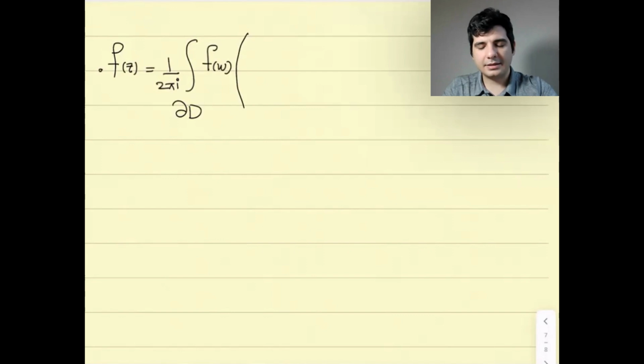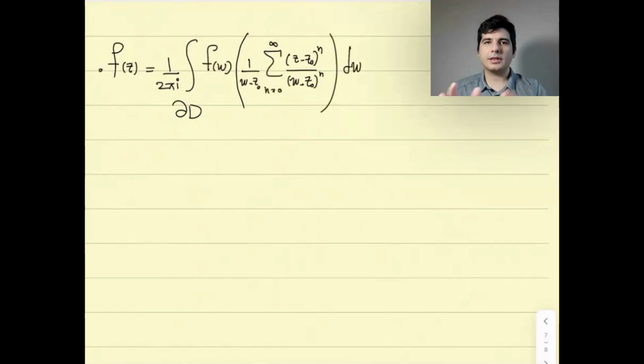But instead of that, we have this expression: 1 over w minus z naught times the sum of z minus z naught to the n over w minus z naught to the n, where n goes from 0 to infinity, dw. So we just substituted what we had into our integral.